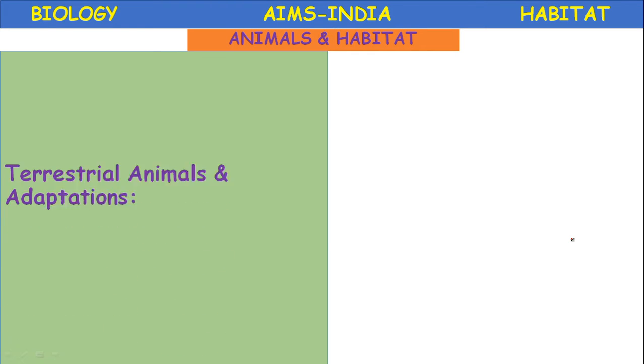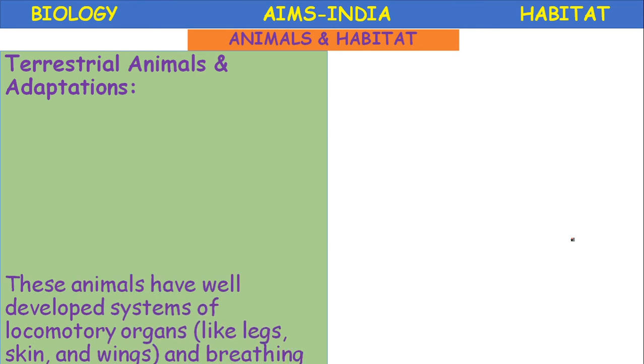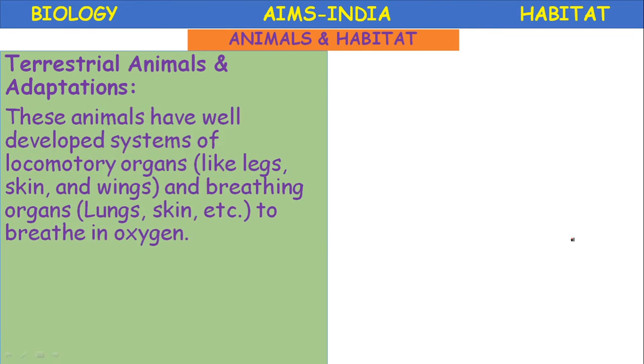Animals and Habitat, Terrestrial Animals and Adaptations. These animals have well developed locomotory organs. The animals which we find in different locations possess different kinds of locomotory organs like legs, skin and wings, and breathing organs also.